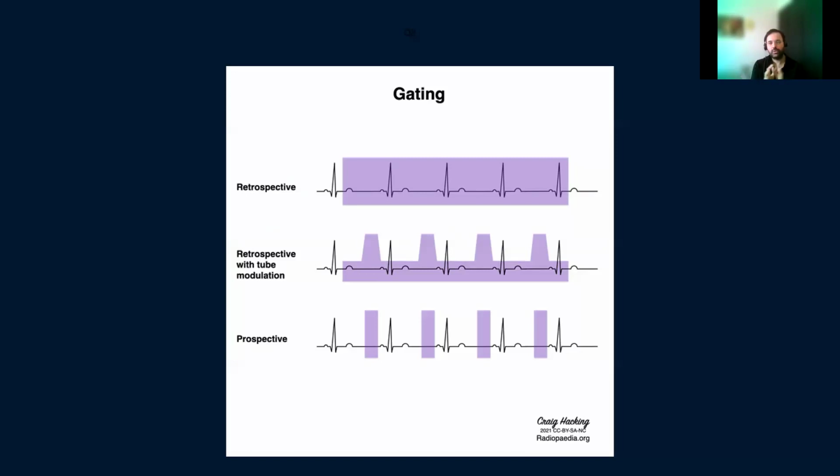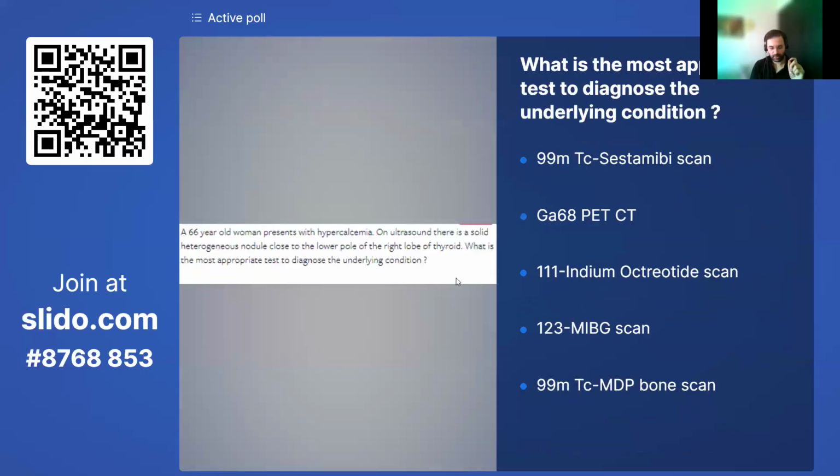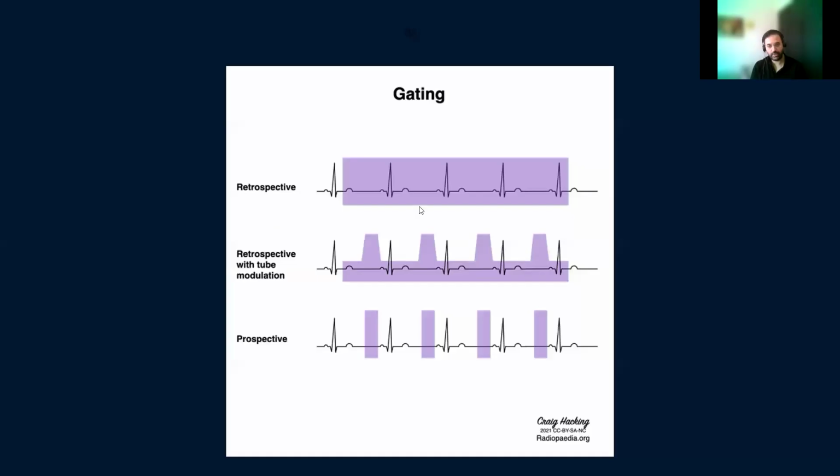Now, the heart is most relaxed when it is in diastole, obviously. So we are going to be using the ECG data to know where the RR interval is.